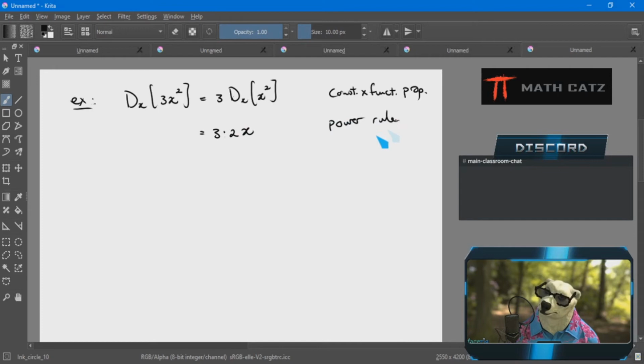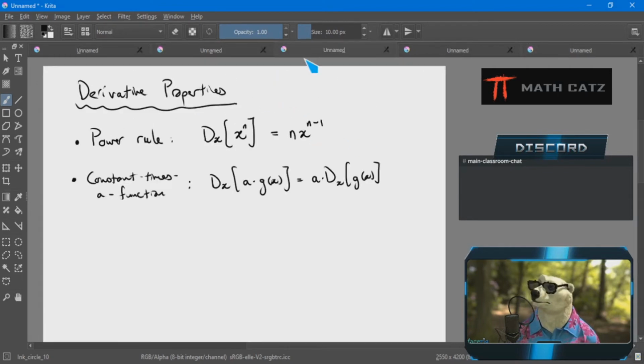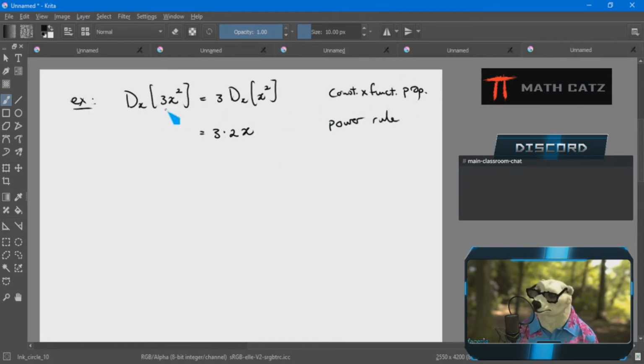The power rule was not ready initially because the power rule said, only what it said: I'm only ready if you give me a power of x and nothing else. Well, I wasn't quite ready for that. But I have another property that can isolate that power of x, and then I'm ready for the power rule. I can then simplify this to 6x.